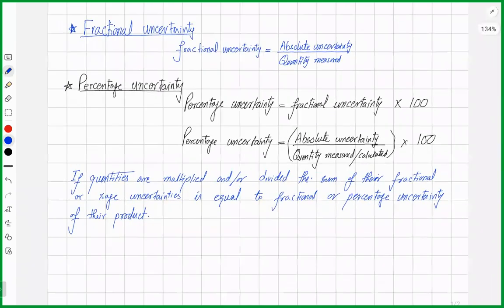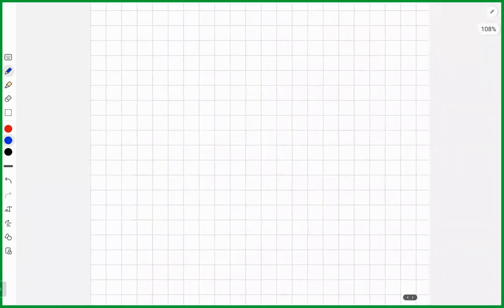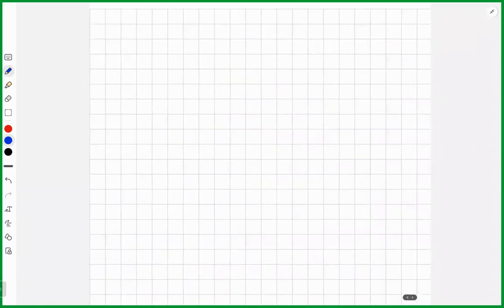So let's see. If z equals to w multiplied by x divided by y, where w equals to C plus minus c, x equals to A plus minus a, y equals to B plus minus b.